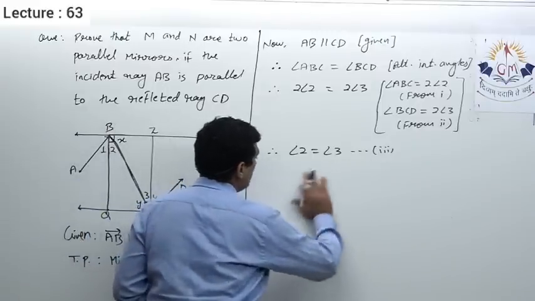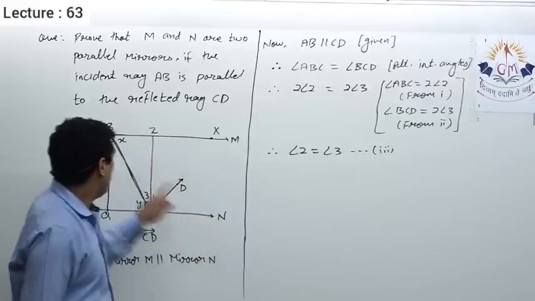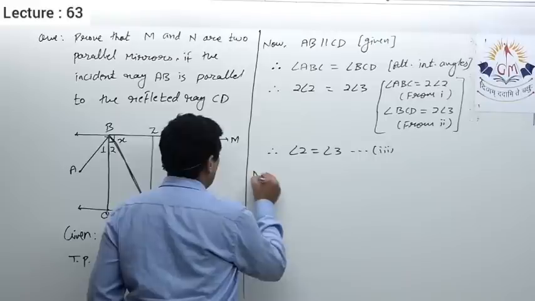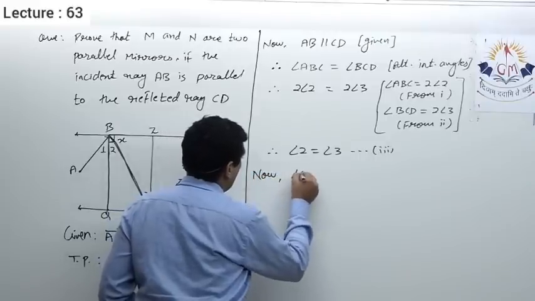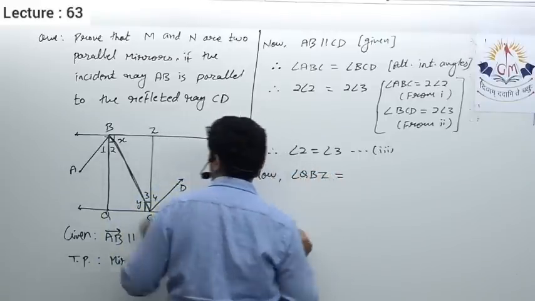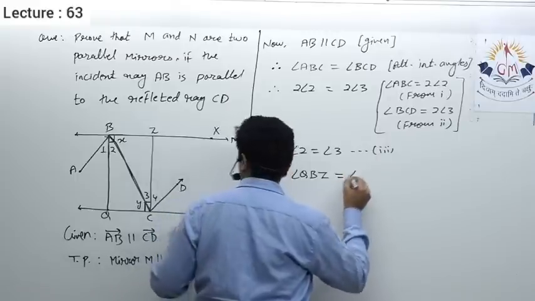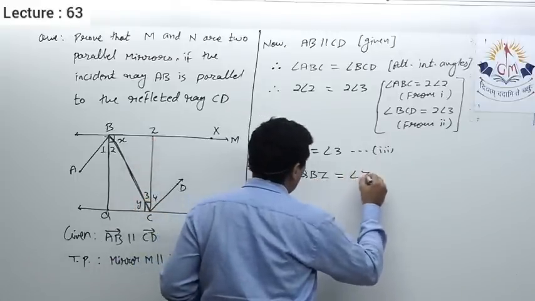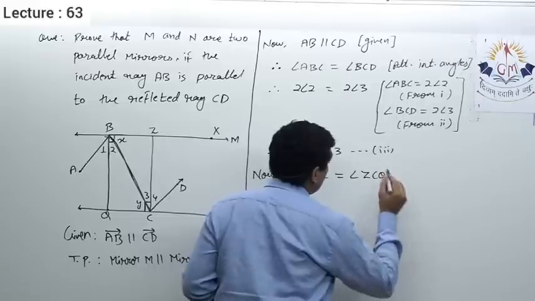But that is not what we need over here. Now angle QBZ is equal to angle ZCQ.